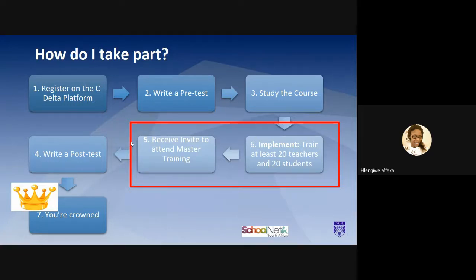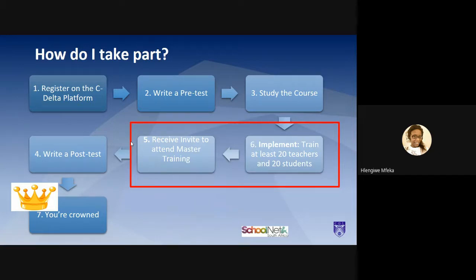The first one, you register on the C Delta platform. When you register on the C Delta platform, I'd like to encourage you. For example, I asked a question earlier on, which professional learning community do you belong to? And if you don't have any, this is your starting point, because on this C Delta platform there is a forum, a community of professionals, educators around the world.